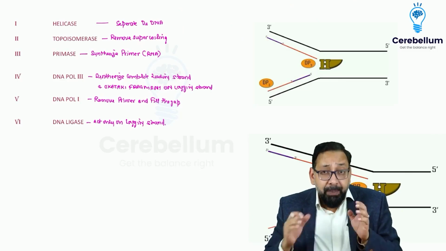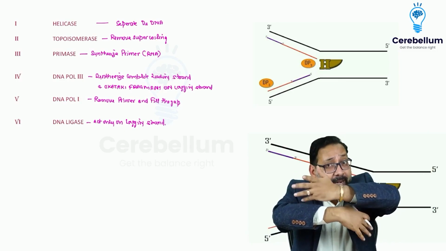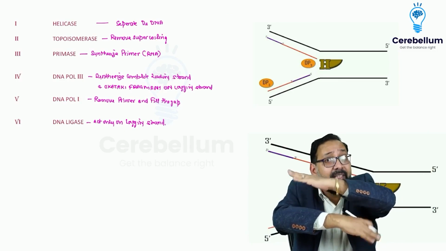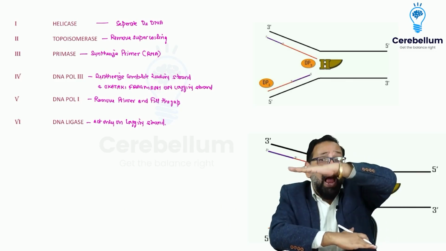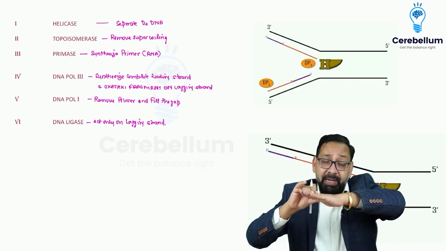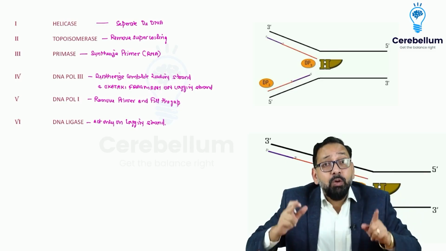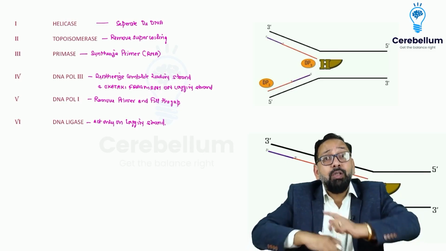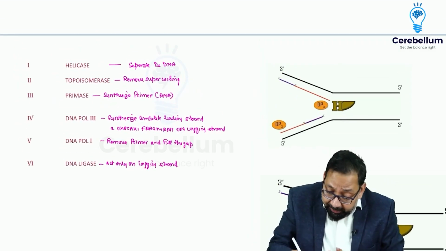Now we come to replication of DNA, double-stranded DNA. You know the two strands are anti-parallel: the 5 end is against the 3 end, and the 3 end against the 5 end. In double-stranded DNA, the two strands are separated and each strand acts as a template and a new strand is synthesized. In DNA replication, first of all these two strands should be separated, and that is done by helicase.